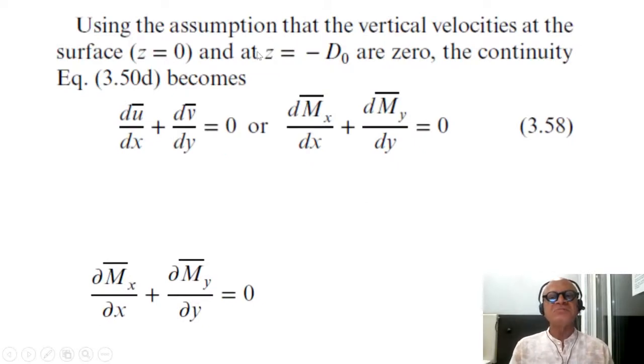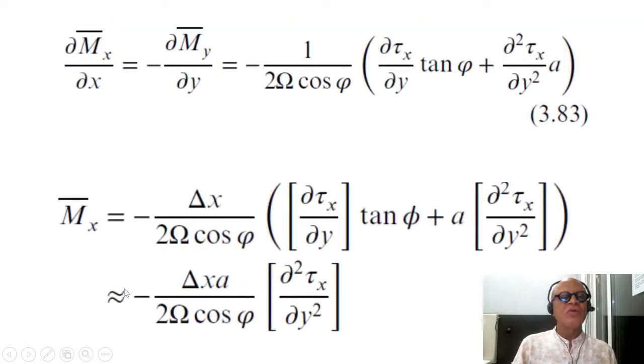So using the assumption that the vertical velocities at the surface and at the level of no motion are zero, which we already did, the continuity equation can be written integrally as du bar dx plus dv bar dy equal to 0, or written in terms of transports, dM bar x dx plus dM bar y dy equals 0. So using that relation, we can write dM bar x dx as minus dM bar y dy.